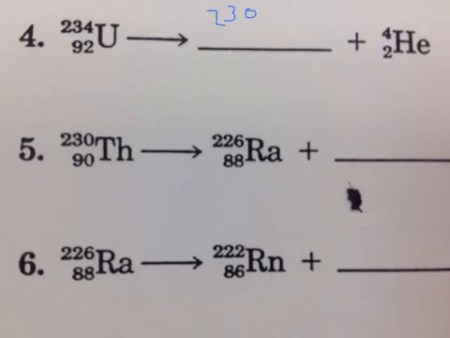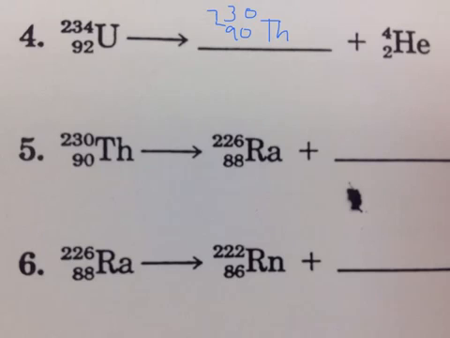Notice that we have 92 on the left and we have 2 on the right. So we'll add 90. We will look 90 up on the periodic table, and when we do so, we see that that is thorium. And so the answer for this equation is going to be thorium-230, 90.